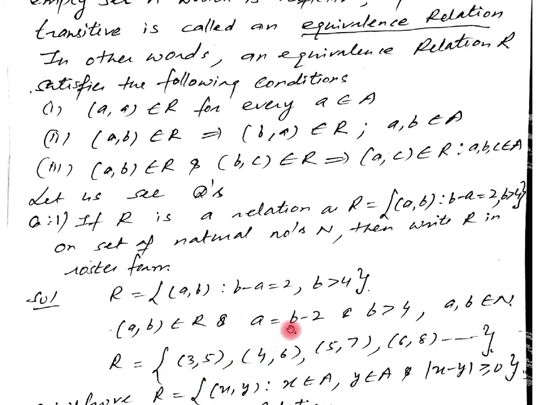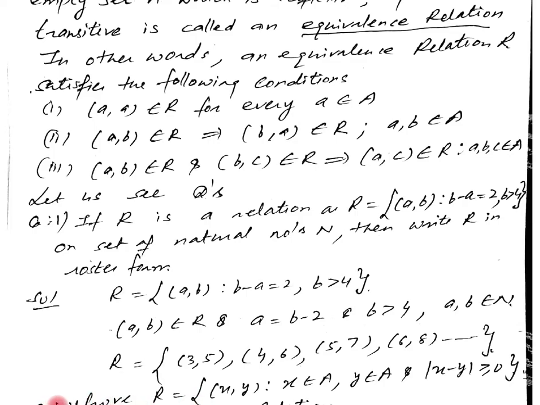Then b must be equal to 5, which is greater than 4. Now we consider all the pairs where the difference is 2, starting from b greater than 4. So the first pair will be (3, 5), then (4, 6), (5, 7), (6, 8), up to infinity, because N is the set of natural numbers. So this relation is an infinite relation.